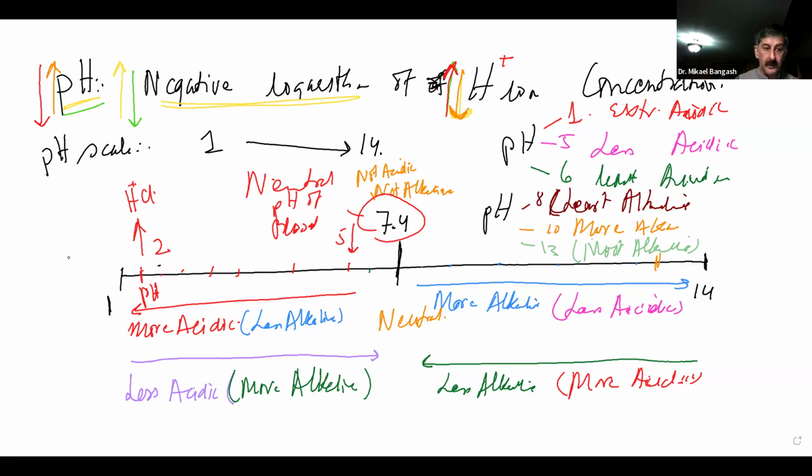And what did we need for an acid? An acid mainly needs a hydrogen ion combined with any other anion, and that makes an acid. So the higher the hydrogen ion concentration, the lower the pH.